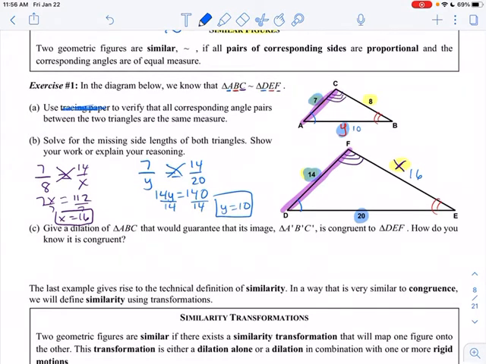All right, so given that dilation of ABC, that would guarantee that its image, A prime, B prime, C prime, is congruent to DEF. How do you know it is congruent?